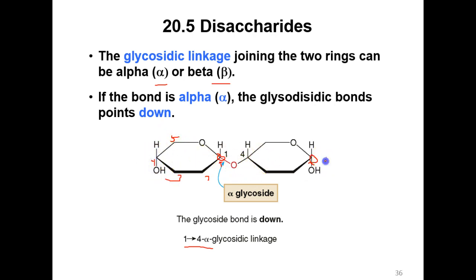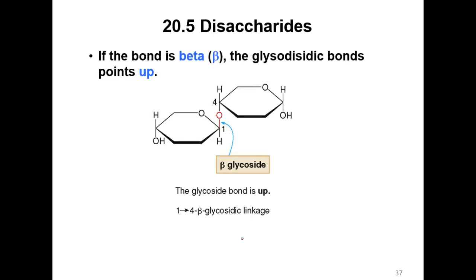So it's a 1,4 because this is 1, 2, 3, 4. So 1,4 alpha glycosidic linkage as opposed to a 1,4 beta glycosidic linkage. Notice you see how this is kind of on top of it. You kind of have a beta. These compounds are much easier to break because it's more stable as a monosaccharide, but once they form, these bonds like to break pretty easily.